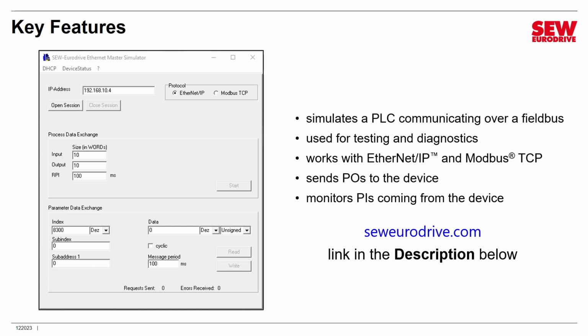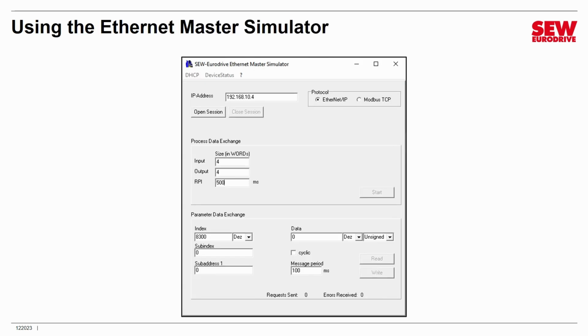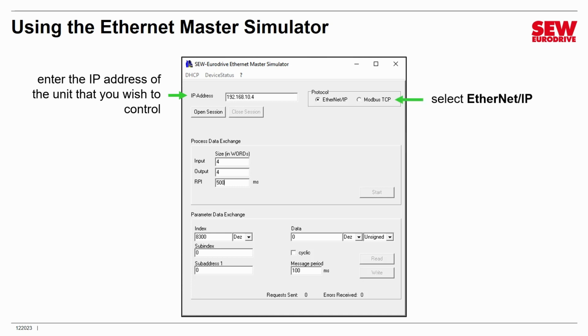So let's just overview quickly how you set it up. You run it on your PC, and the first thing you do is you enter the IP address of the device you're trying to control on the field bus. In this case, I put in the SEW Eurodrive default address, which is what my demo unit is using right now. Remember, we set it up in our last session. You have to set your protocol to Ethernet IP.